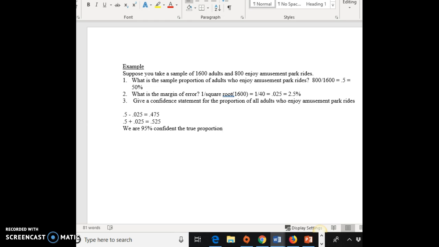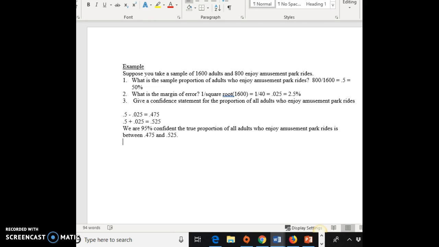We're 95% confident the true population proportion of all adults who enjoy amusement park rides, and notice as I state this part, it refers to whatever issue we were looking at in our question, is between, and here's where we're going to use these numbers that we got. The true proportion is between 0.475 and 0.525. And we have 95% confidence that the true proportion of adults will fall within these ranges.